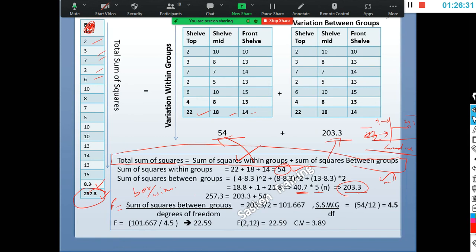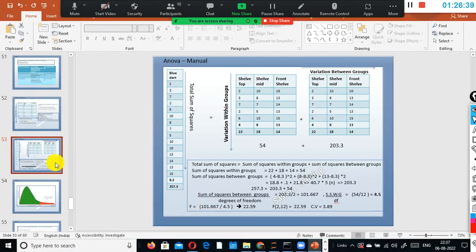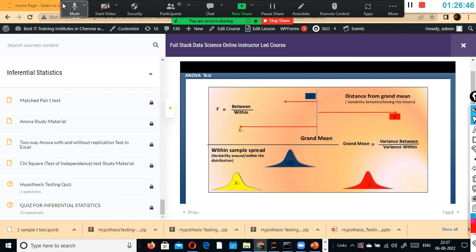Okay, and you need to look at the critical value in the table. Let me just see the table, I put it here. What I will do is show you why to worry about that when we have the Google.